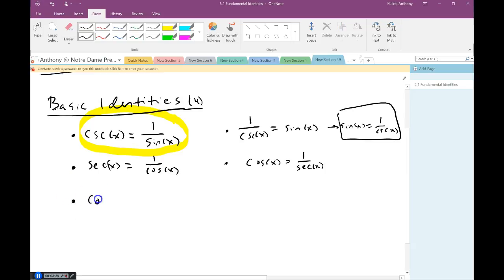You guys also found the values for cotangent, right? How did you do that? 1 over tangent. And similarly, we can say that tangent is then 1 over cotangent.